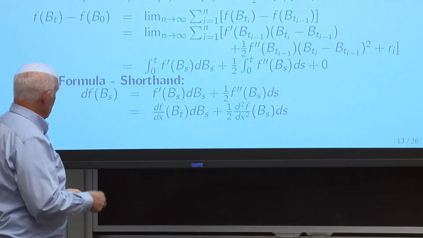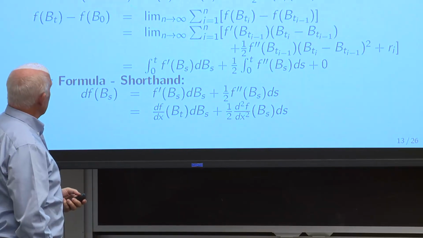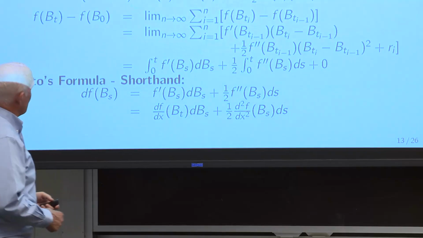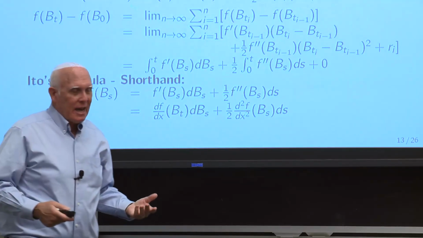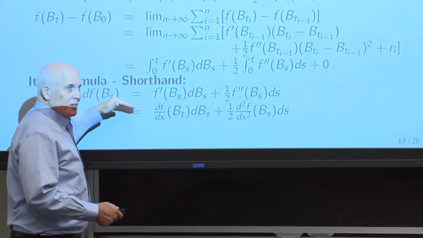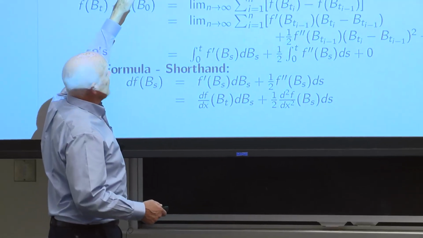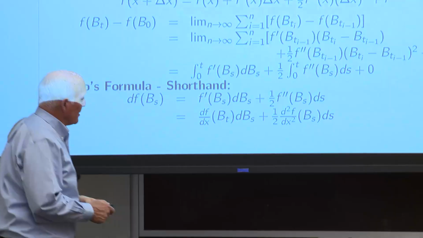So this is our Ito's formula shorthand. And this shorthand corresponds in a similar way to derivatives and antiderivatives, where here's the stochastic differential equation, and here's the solution to that stochastic differential equation on the top.